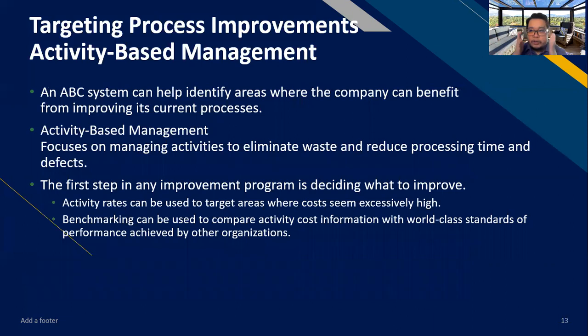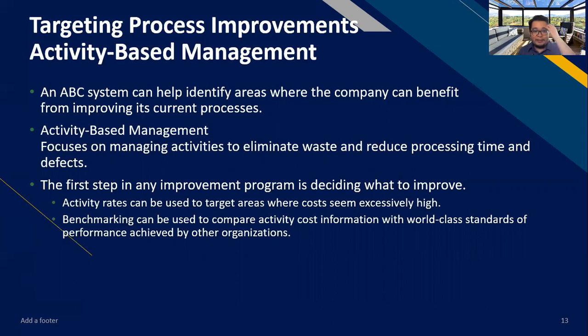So, why do we use activity-based management? It's to target process improvements. An activity-based costing system can help identify areas where the company can benefit from improving its current processes. Under the single predetermined overhead rate methodology in job costing, it's difficult to push for improvements because you have only one rate that you are looking at.